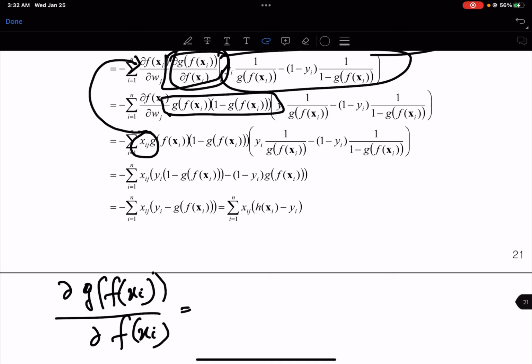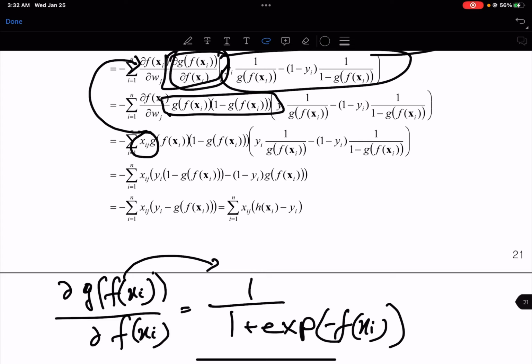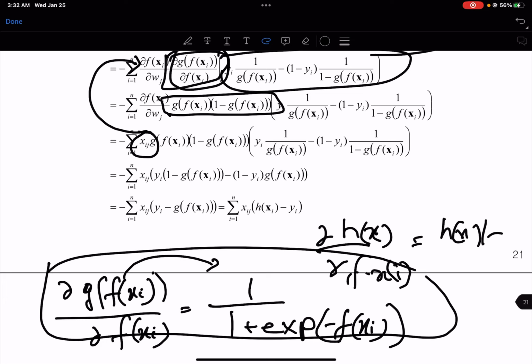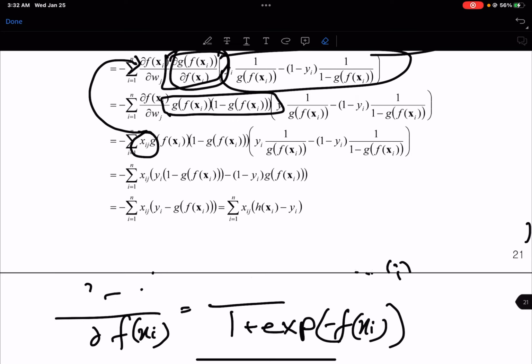And we know g of x is basically represented like this, and the function derivative was equal to, for this f of xi, h of x times 1 minus h of xi. So we will apply the same method for this derivative.